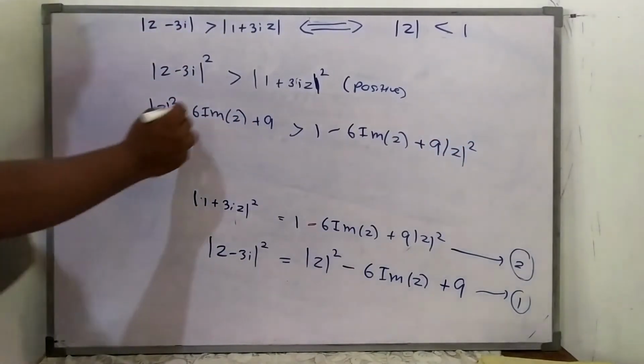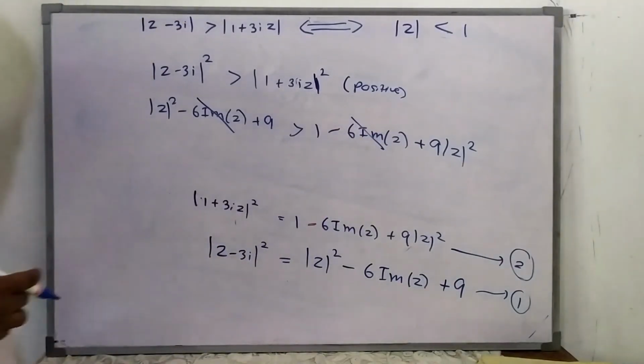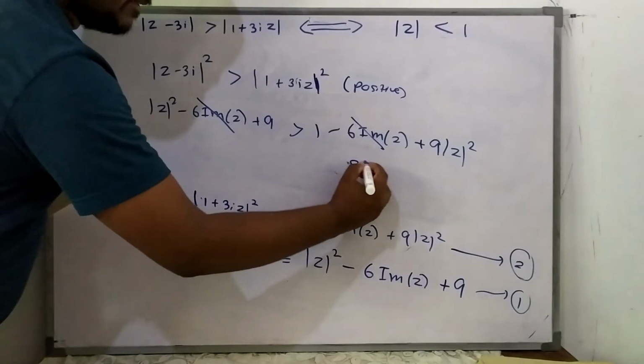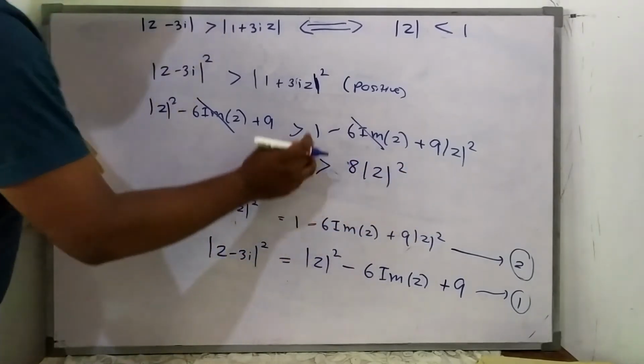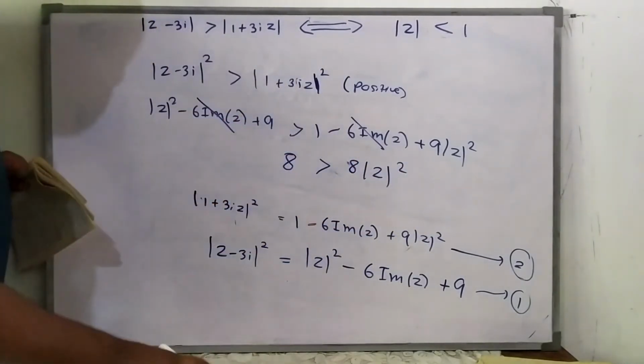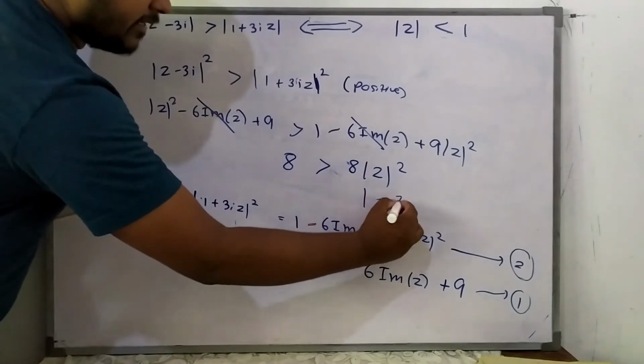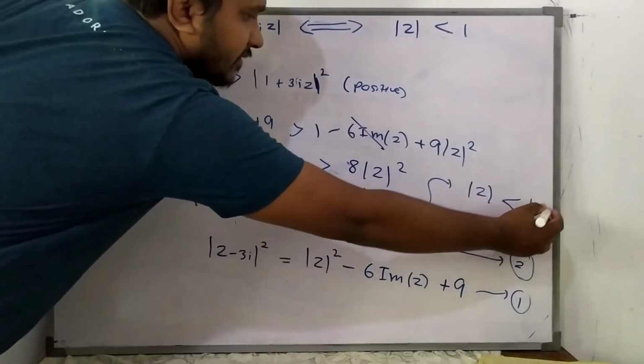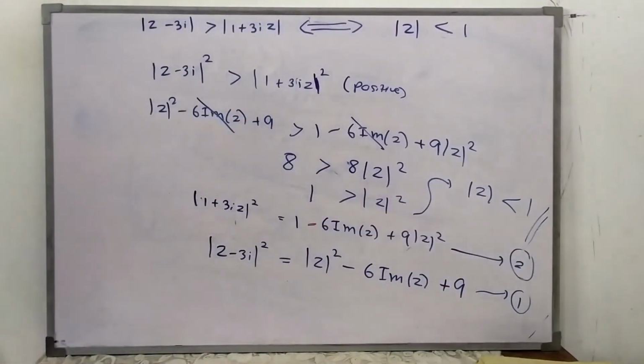So over here the 9s get cancelled and all the modulus goes to one side. 1 goes that way. Therefore modulus z square is less than 1, so modulus z is less than 1. So this is the answer of that deduced part in this question.